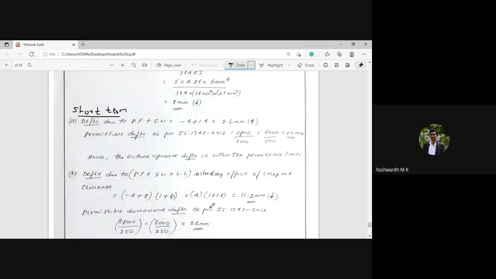Now let me go ahead with the next case, that is final downward deflection. Apart from the deflection due to the loads, you also need to consider the effect of creep and shrinkage. For this, I am going to write down long-term deflection.